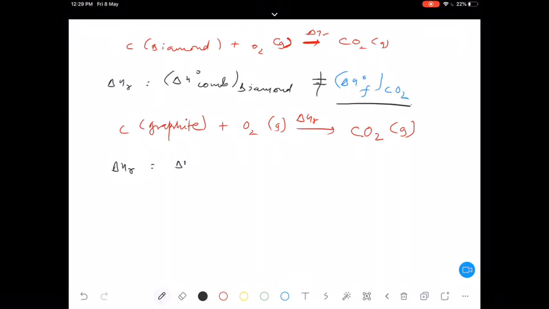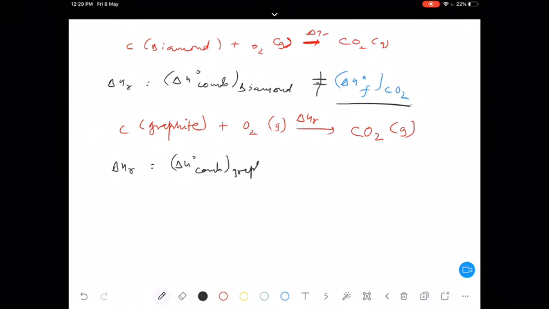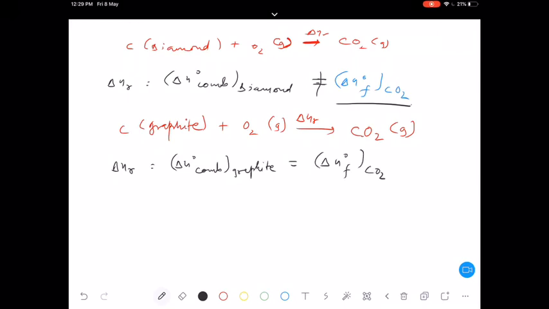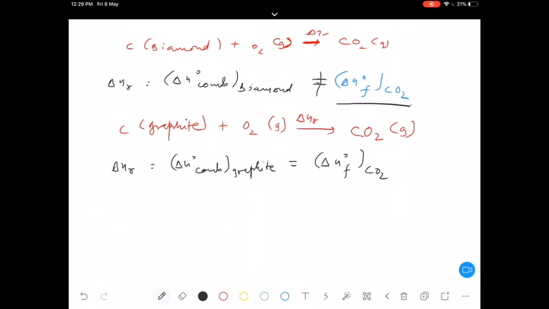Delta HR, that I can write as standard heat of combustion of graphite. Now standard heat of combustion of graphite will be same as standard heat of formation of carbon dioxide. So heat of formation of some substances may be equal to heat of combustion of different substances.